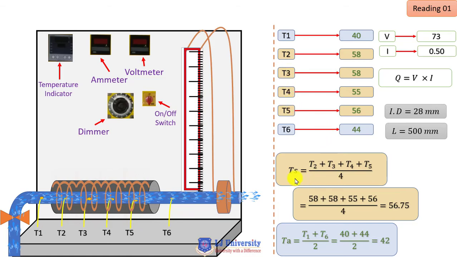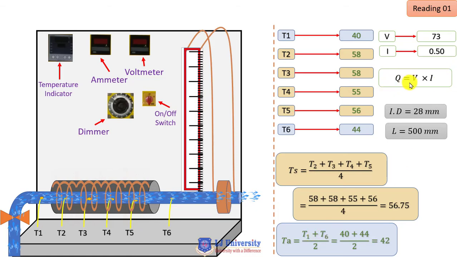We get the surface temperature of this cylinder, which is 56.75 degrees. For the ambient air temperature we add T1 with T6, so T1 plus T6 divided by 2, so 42 is the ambient temperature, or we can say the temperature of the fluid.